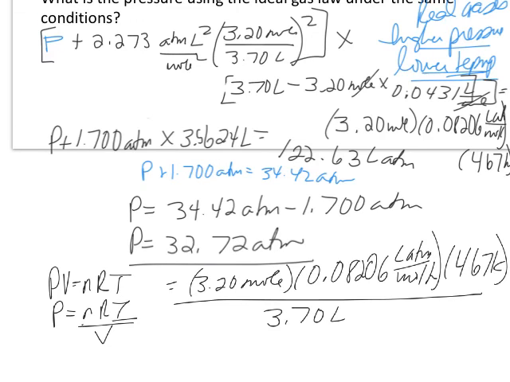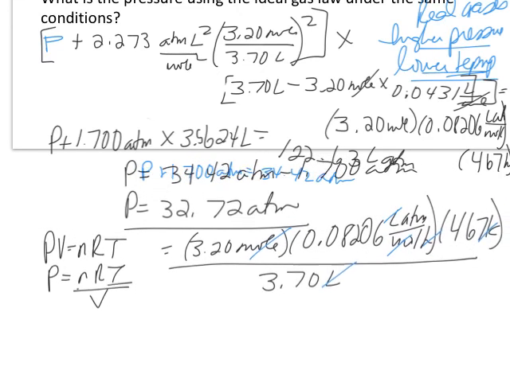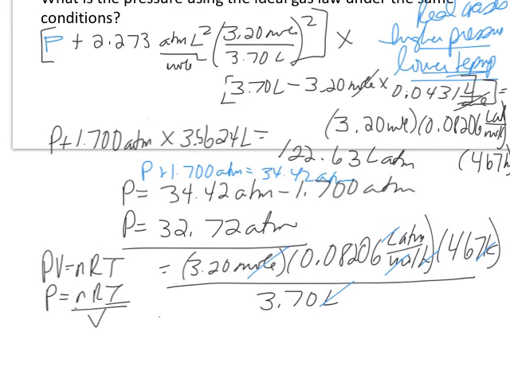When you put this in your calculator and your units cancel out, your answer ends up being pressure equals 33.14 atmospheres, and that's ideal.